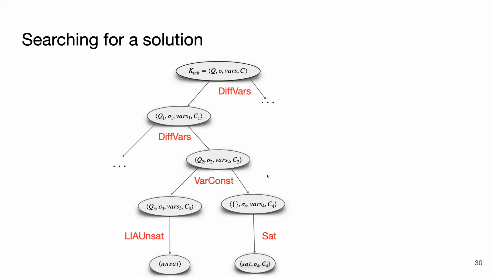Okay, gotcha. Thank you. And the follow-up to this, you said the LIA solver can know that it's unsat from the very beginning. Does it mean that for every state, you try to call the LIA solver just in case? No, we don't need to call LIA unsat for every state.